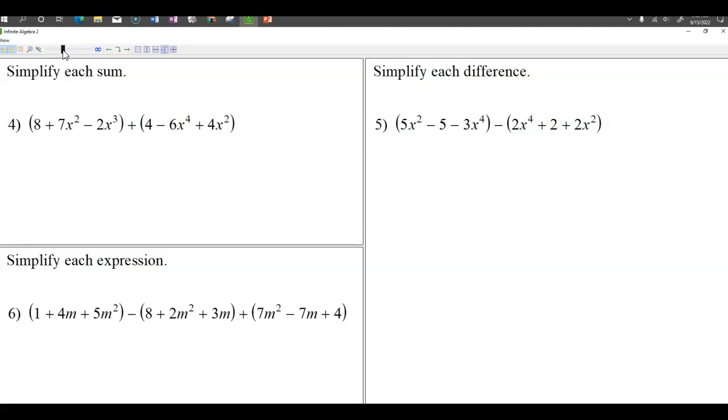What is that? My brain just, I have to get used to looking at what happens.